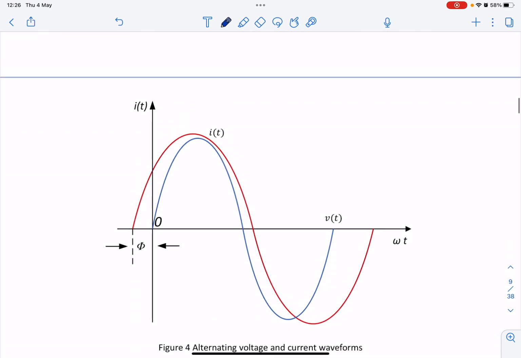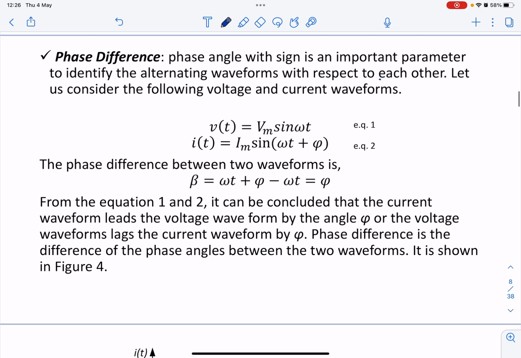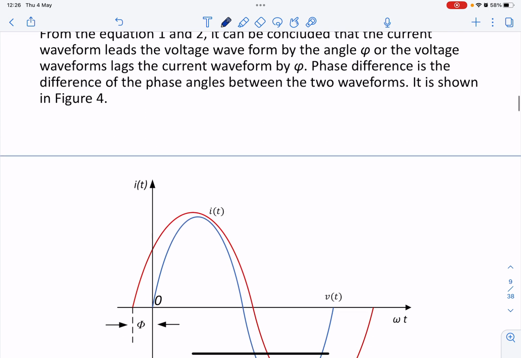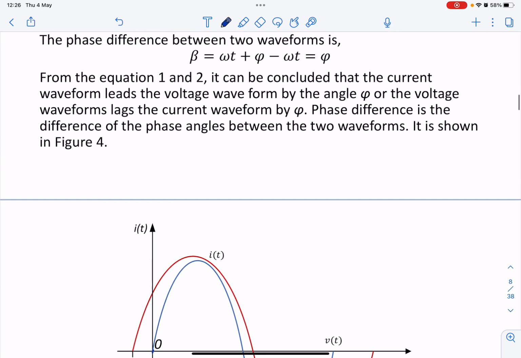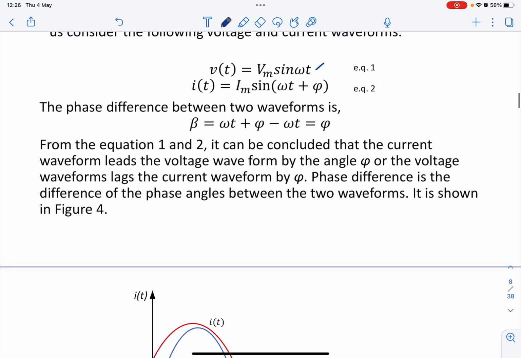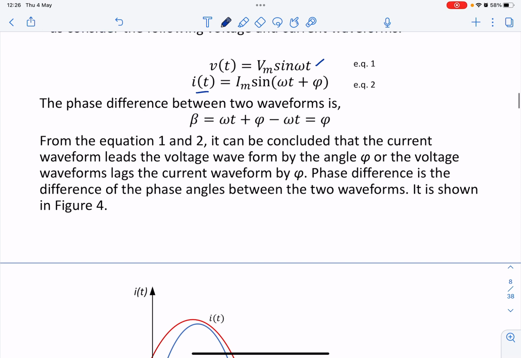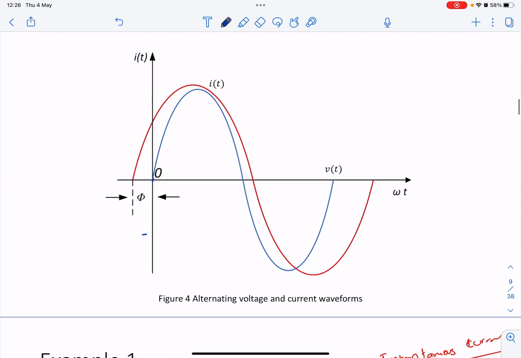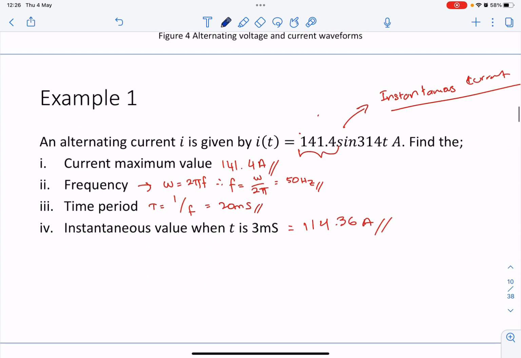So here, this is the Vm, the blue one. It has an angle because it starts from 0. So it, since it is leading, starts plus this angle. So we add this angle. So basically the current is leading the voltage.